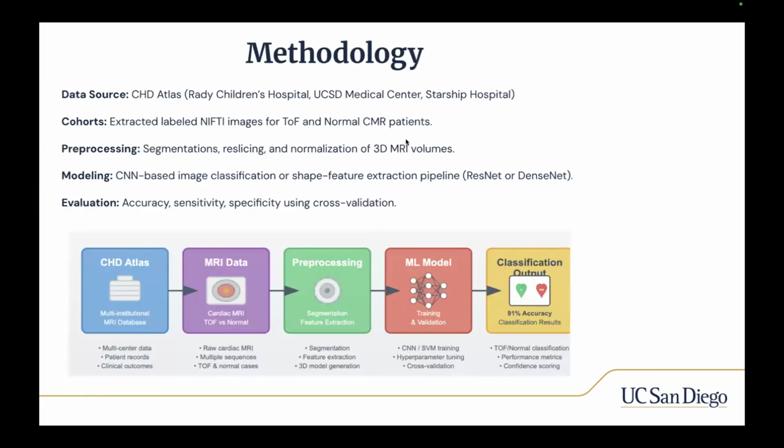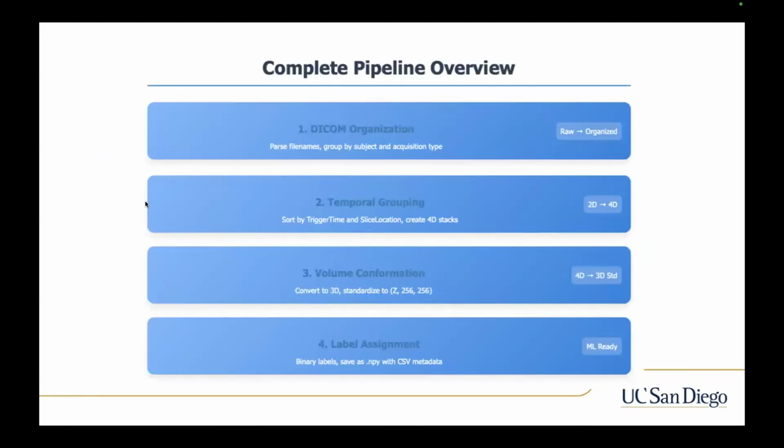Just a little bit more about our methodology. We talked about our data source. We extracted NIfTI images, and then pre-processed them. We're going to talk a lot about pre-processing in the next couple slides, but then we wanted to build a model and then evaluate that model. That's a little infographic for that.